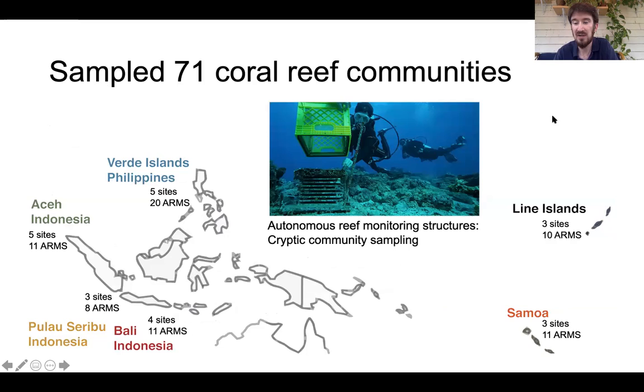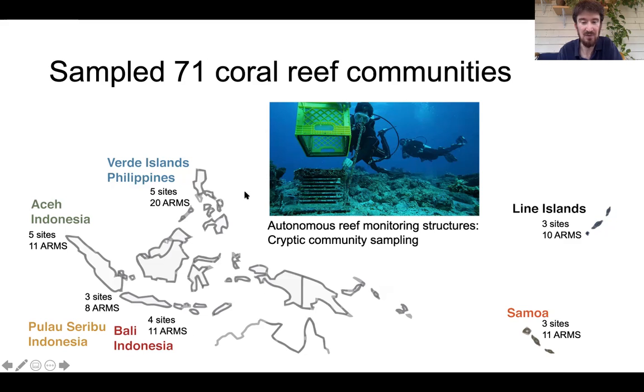So what colleagues and I did in a massive international effort was we sampled 71 coral reef communities from throughout the Indo-Pacific, from Aceh, Indonesia, in the west, all the way out to the Line Islands in the east, which spans basically from the Indian Ocean to the center of the Pacific Ocean.